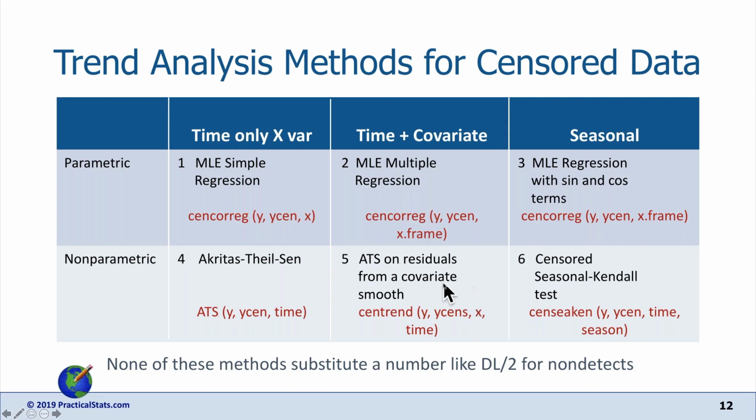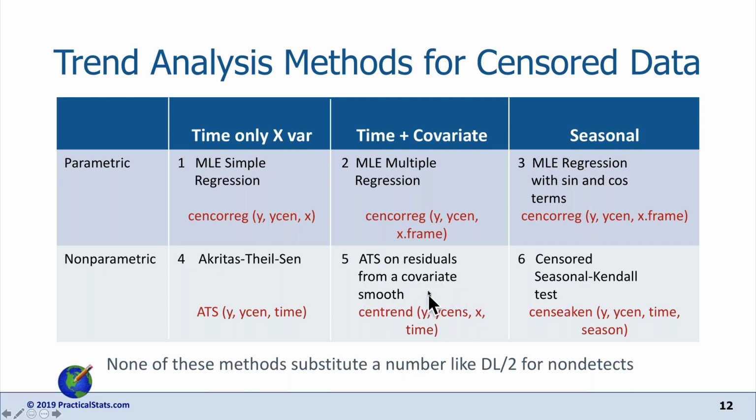And then you can do something similar to that in a non-parametric fashion. Non-parametric methods are no-model methods. They try to avoid modeling. And so we're not going to really do a model, but we're going to do an extraction of what's left over after you account for the relationship between Y and X, where X is not time.